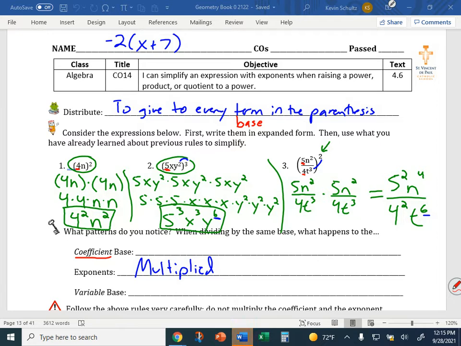It takes on the power. Okay? It takes on the power. 4 in this first one became 4 squared. 5 became 5 cubed. 5 became 5 squared, and 4 became 4 squared.